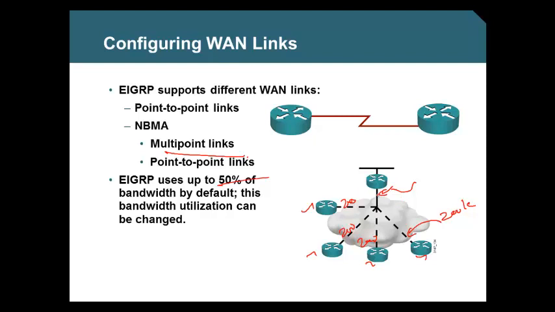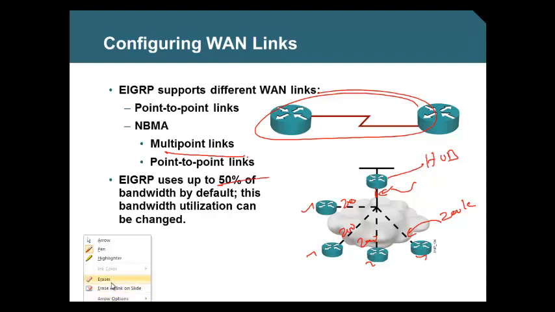This one single physical interface is a hub router talking to multiple points. It's not point to point like this. So you will be having some sub-interfaces. Even if you don't have sub-interfaces, you might have defined it as multi-point.